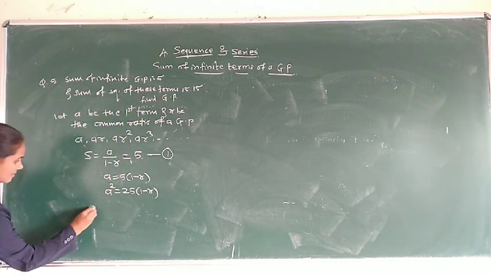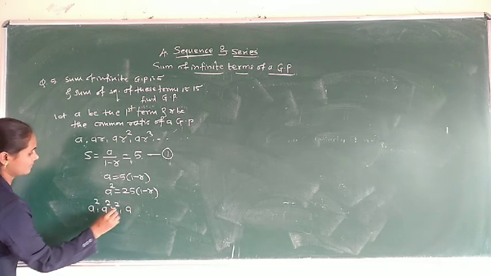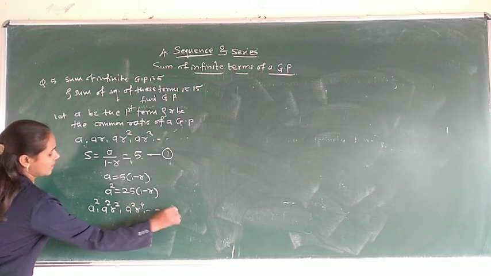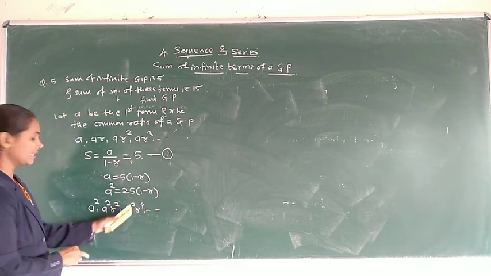That means A square, A square R square, then A square R raised to 4 and so on. So this is the sum, and we have given the sum of these terms.